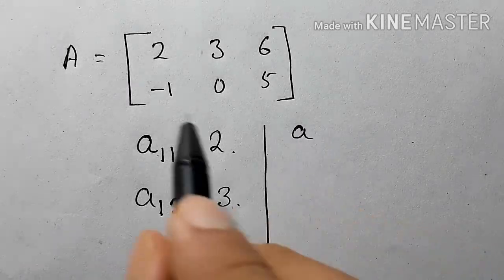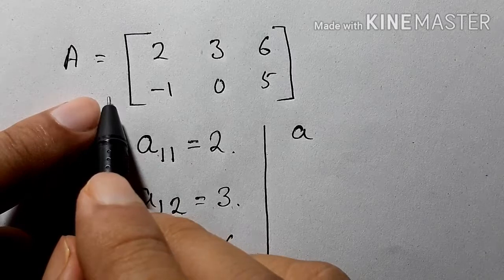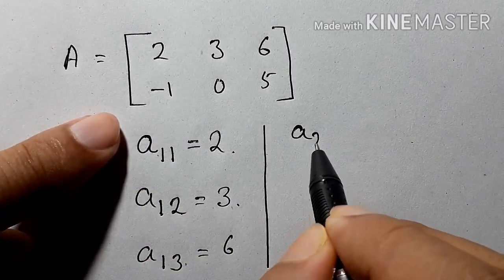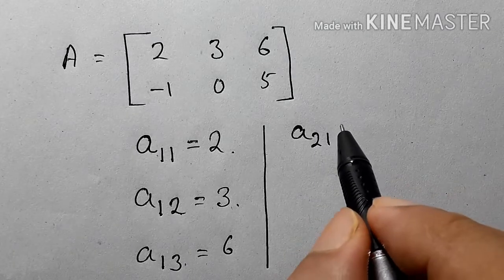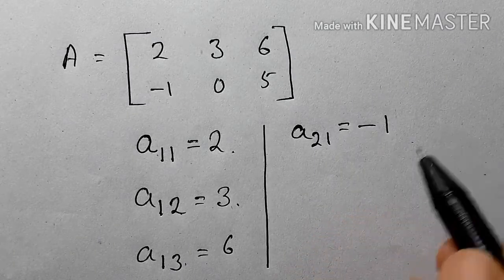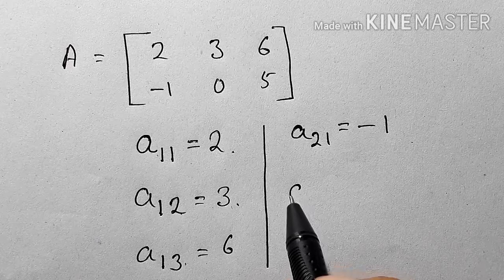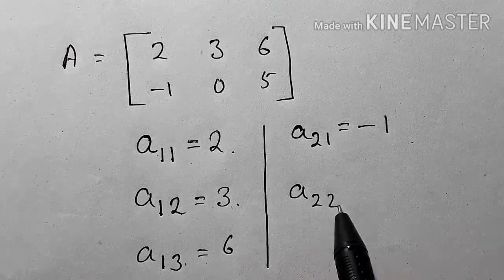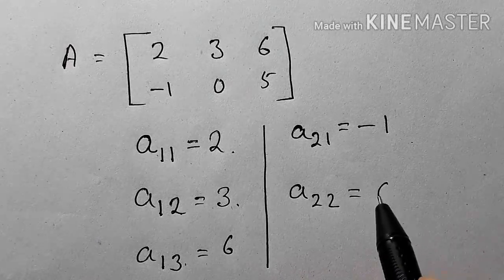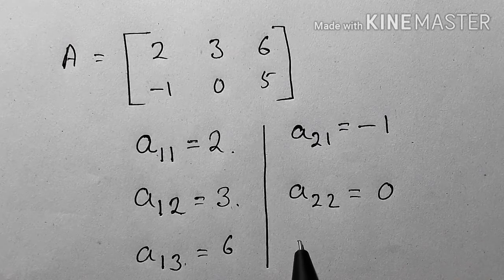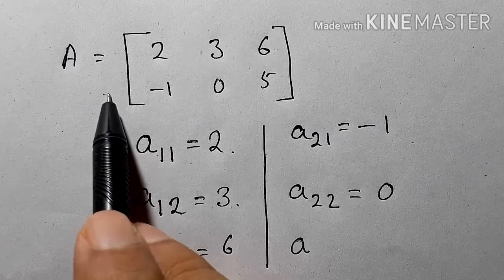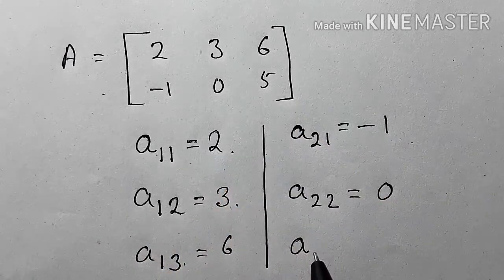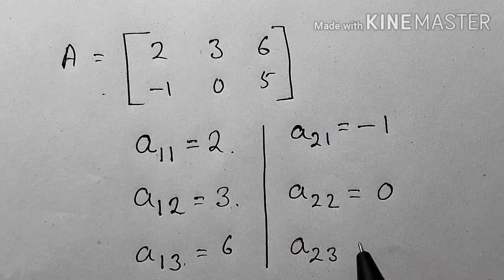Next A21, 2 is row number, 1 is column number. This one is -1. Next A22. This one is 0. Next one is A23, row number 2, column number 3.